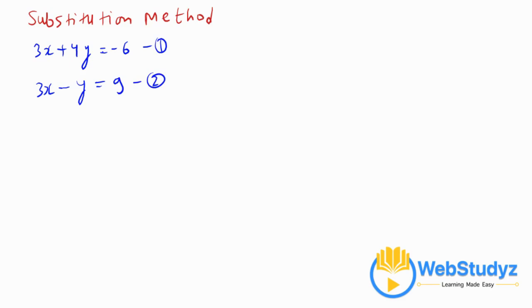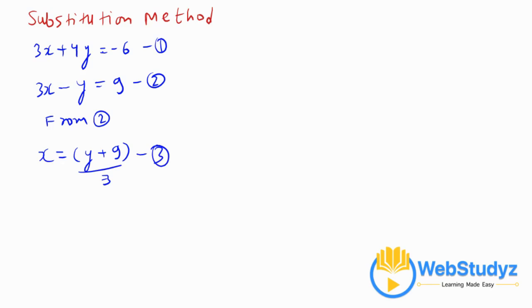Now from the second equation, we can write this as x equals y plus 9 by 3. This is our third equation.